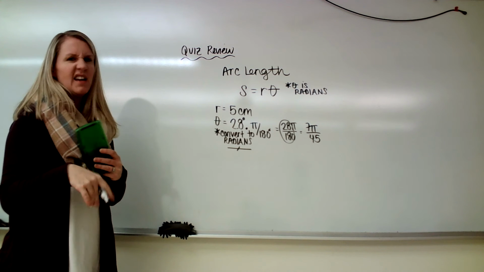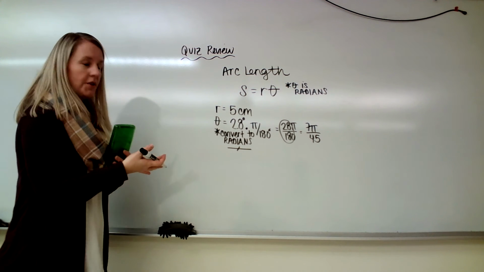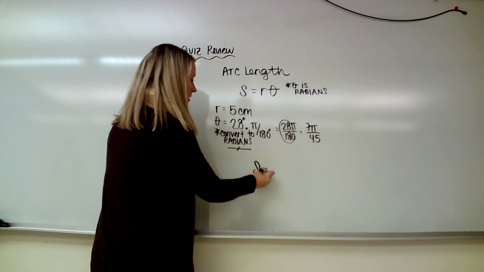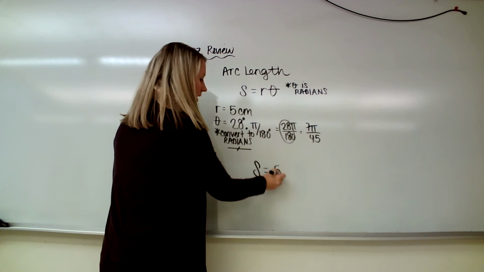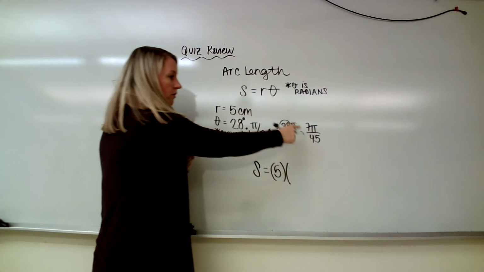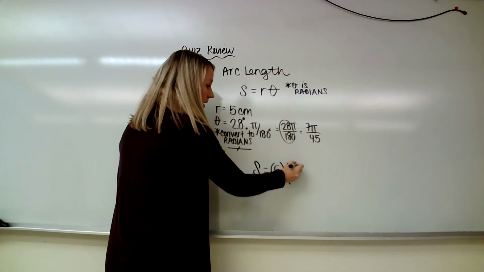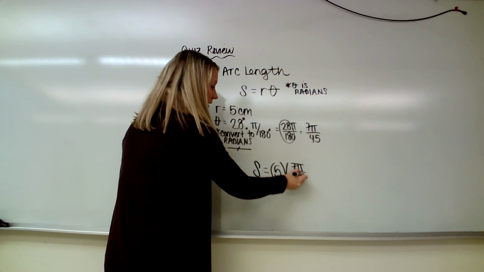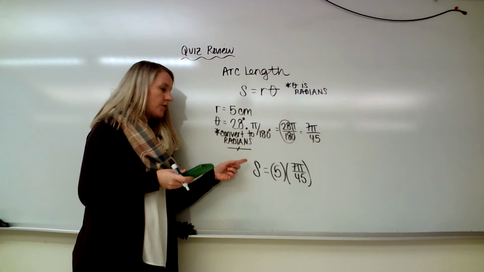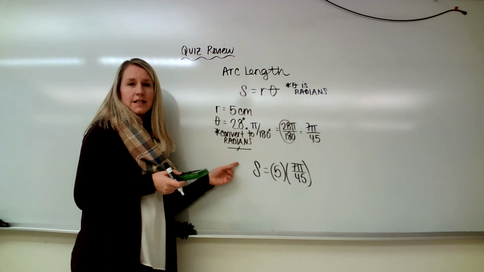Now I can plug it in, and the plugging in is pretty easy. You literally just put it in your calculator. So S equals R, which is 5, times theta, which we want in radians, which is 7 pi over 45. Then you're just throwing that in your calculator. For our final answer for these, I will tell you, just give me the answer as a decimal.